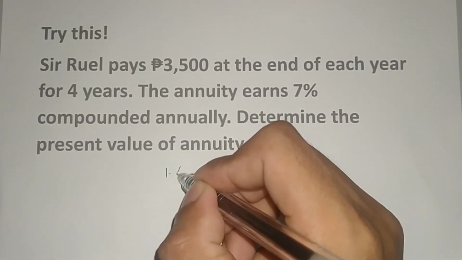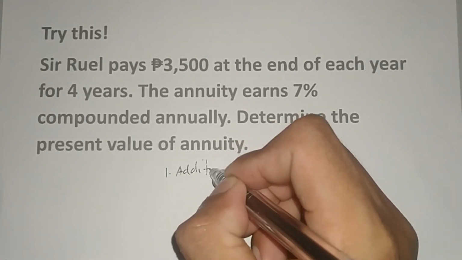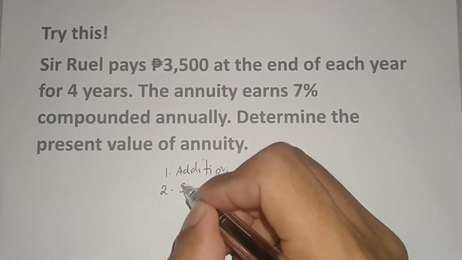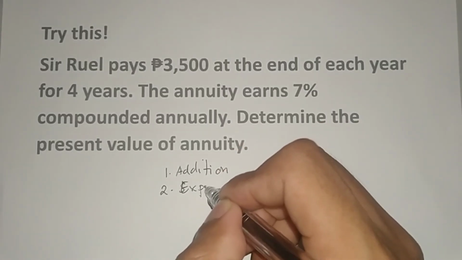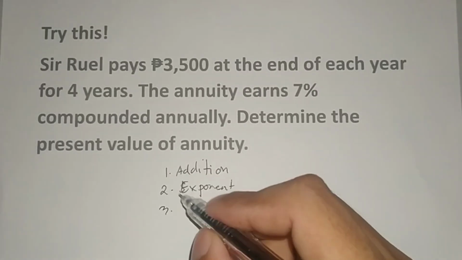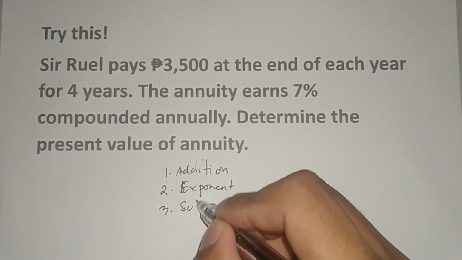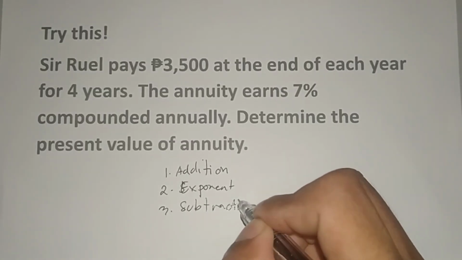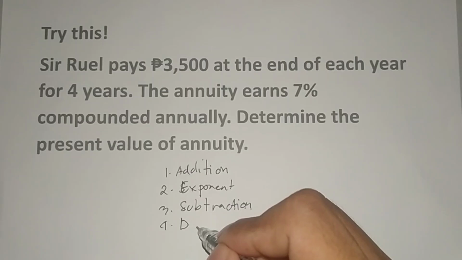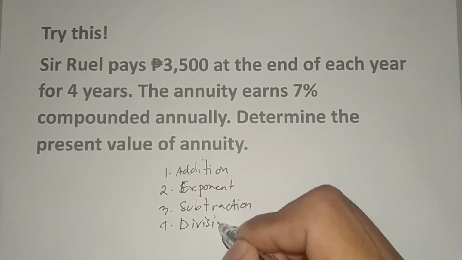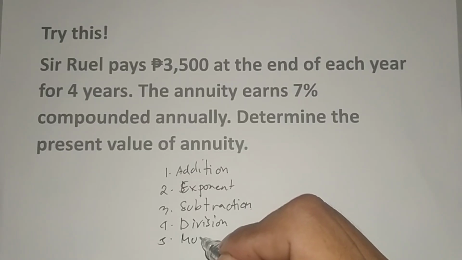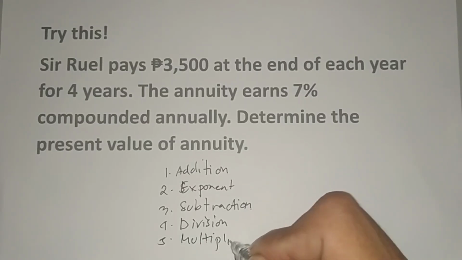So the first one is addition. The next one is exponent. The next one is subtraction, followed by division, and last is multiplication.